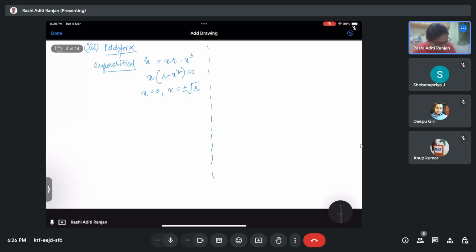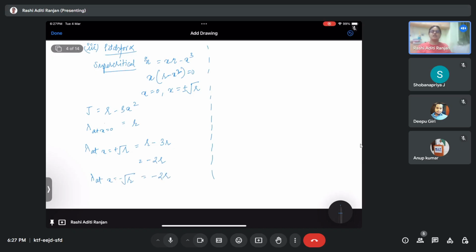So we'll just write the eigenvalue at x equals 0 is nothing but r, correct? Eigenvalue at x equals plus under root of r is going to be r minus 3 times r, which is minus 2r, and you'll see that the eigenvalue at x equals minus under root r is also nothing but minus 2r, correct?